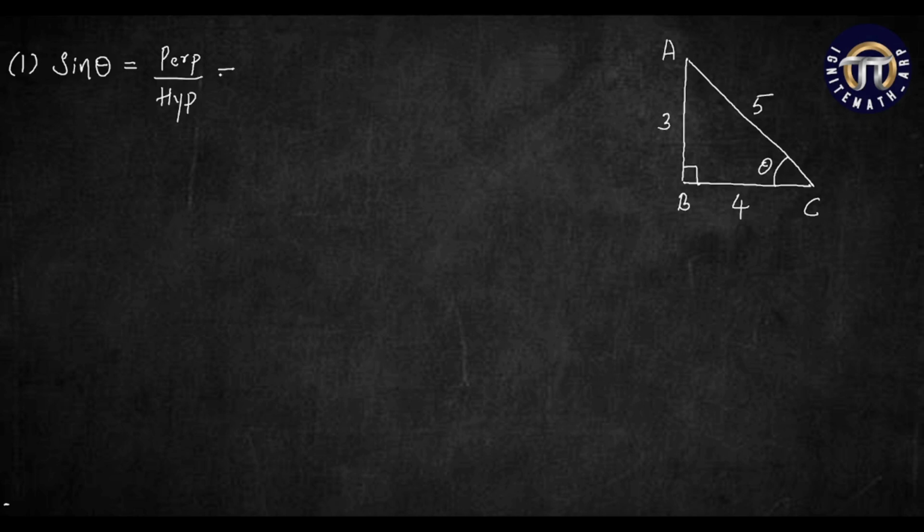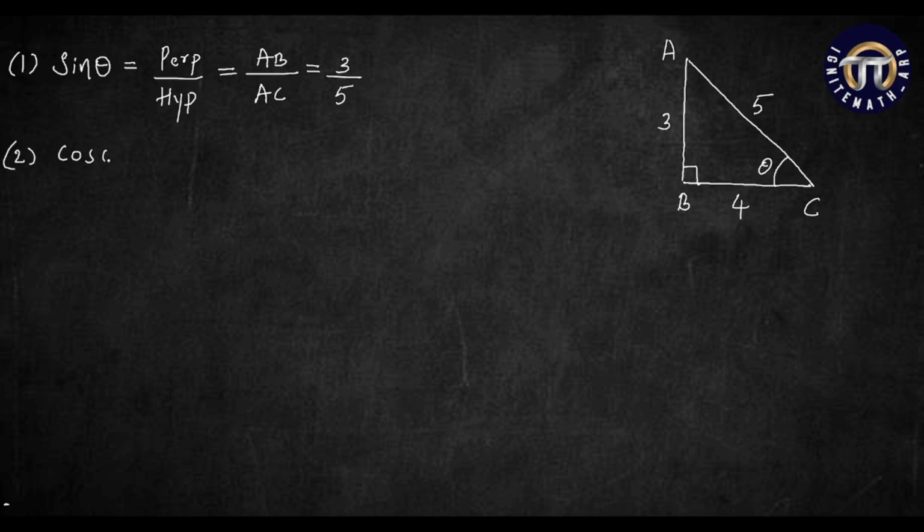What is perpendicular to angle C over here? AB is the perpendicular. So I can write this as AB divided by AC. AB is the perpendicular to theta and AC is the hypotenuse. So I can write this as 3 by 5.